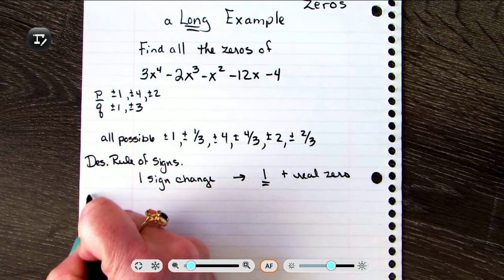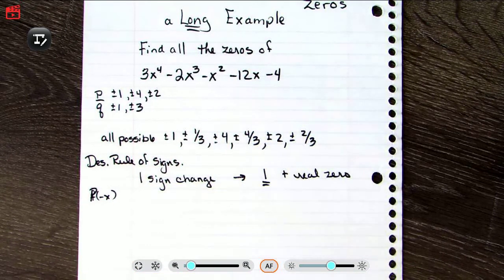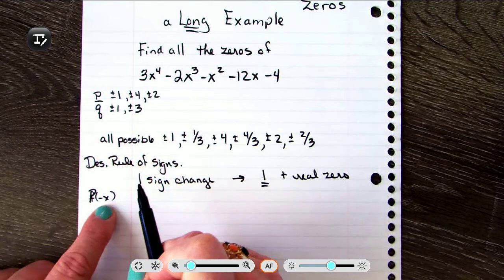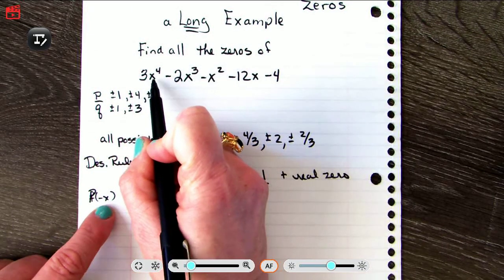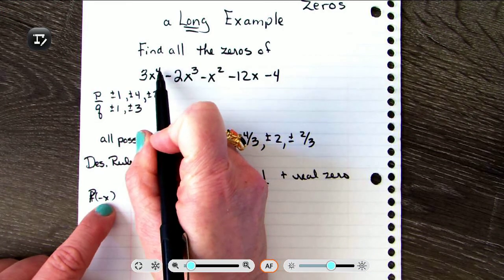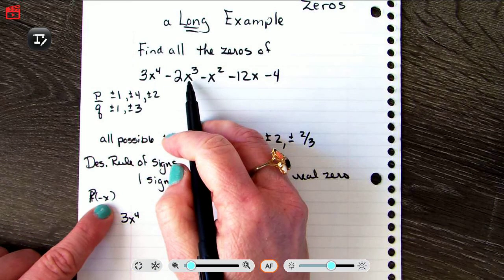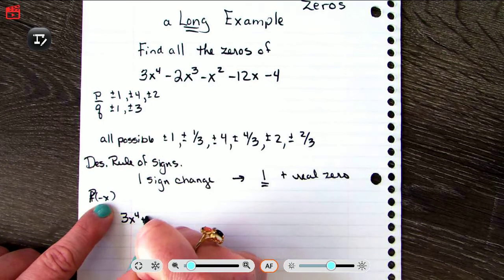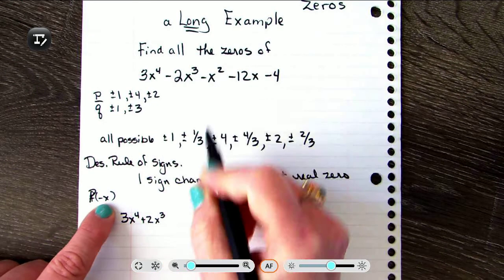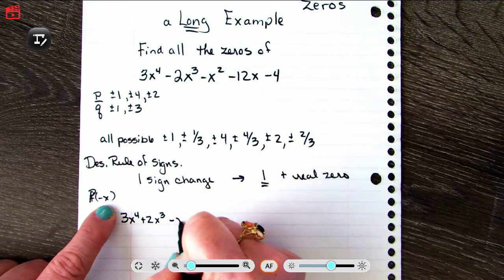I'm also going to look at what p of negative x looks like. I'm substituting in a negative x wherever I see an x. If I put a negative x and raise it to the fourth, it still stays positive. If I take a negative and raise it to the third, it becomes negative. That negative times this negative makes it positive. The even exponent stays the same.